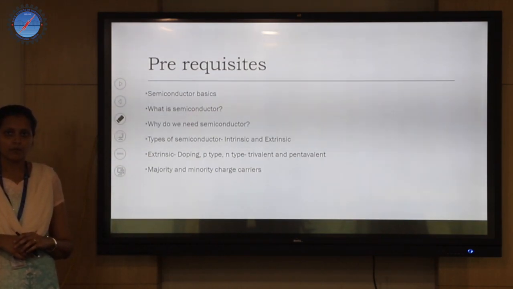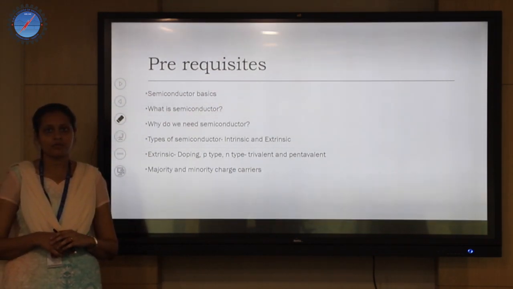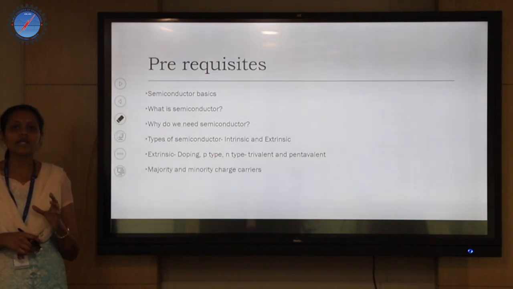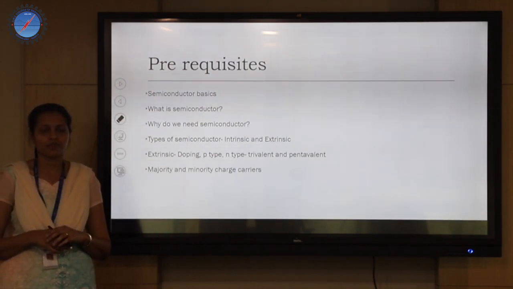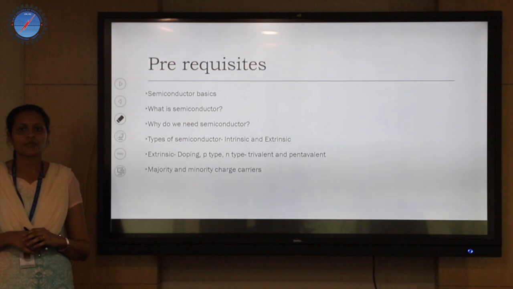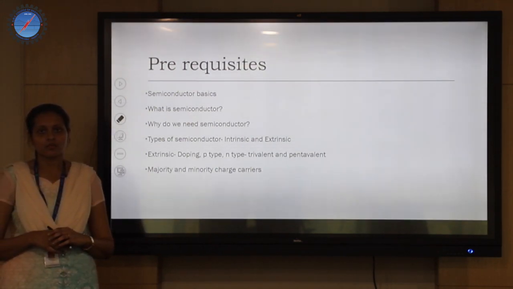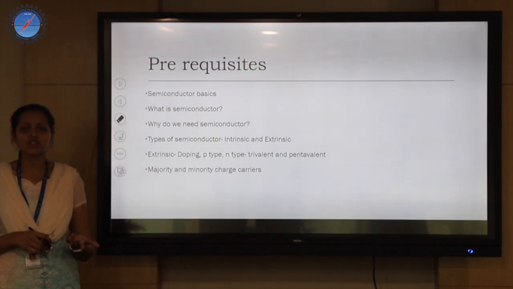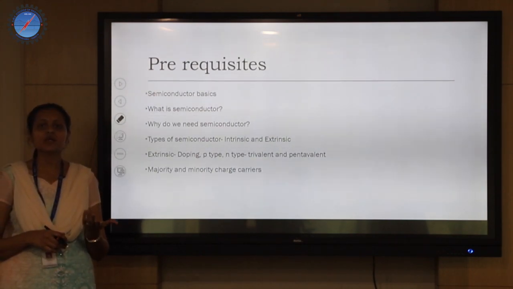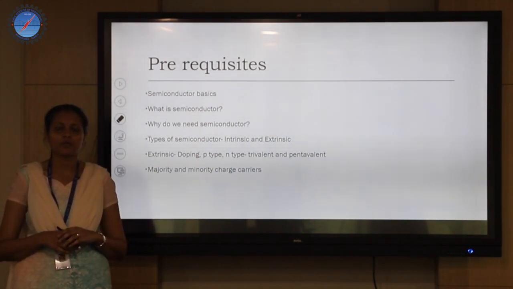What is p-type? P meaning positive. It has majority charge carriers as holes. Holes are positive charge carriers. Holes are nothing but absence of electron. How is a p-type semiconductor formed?